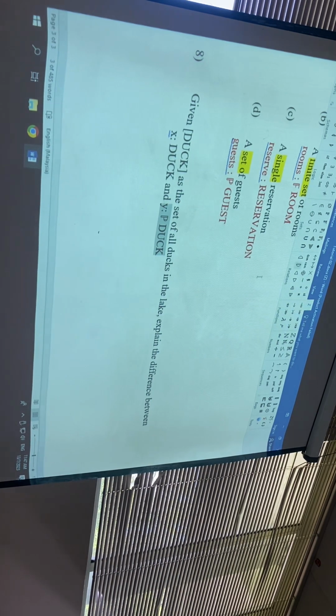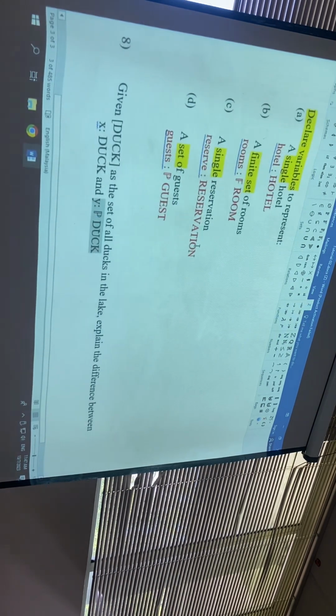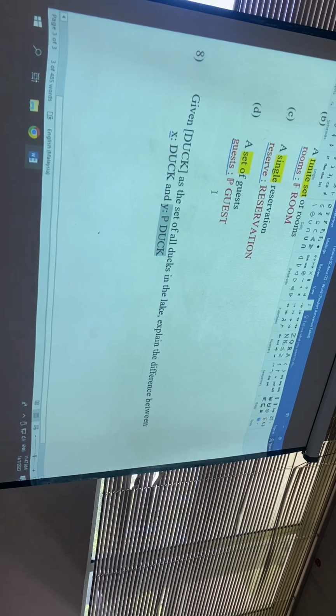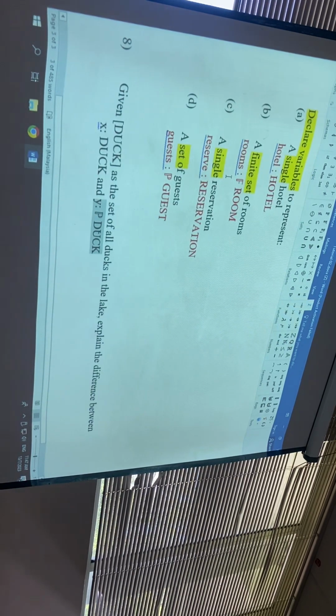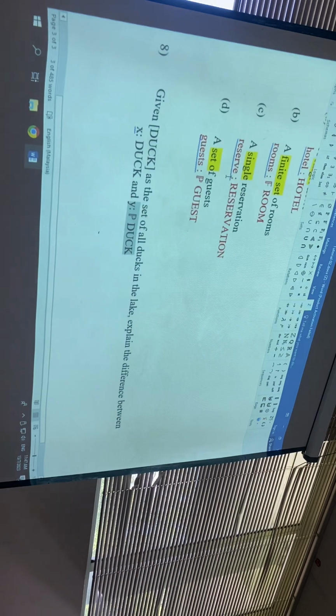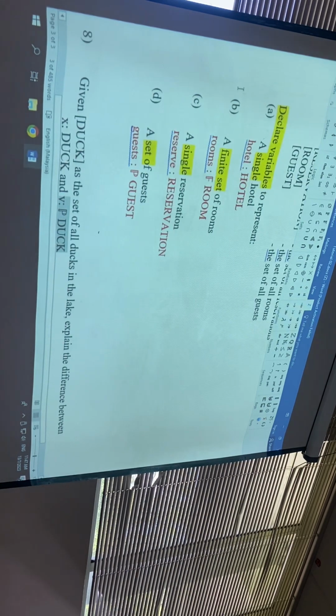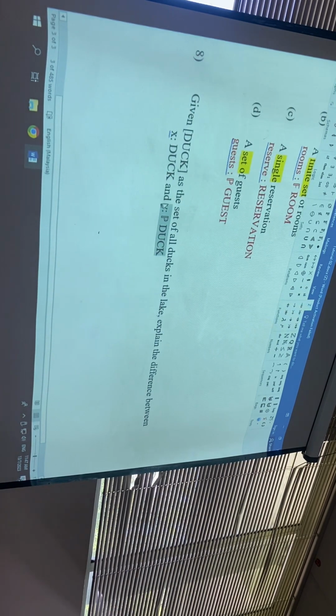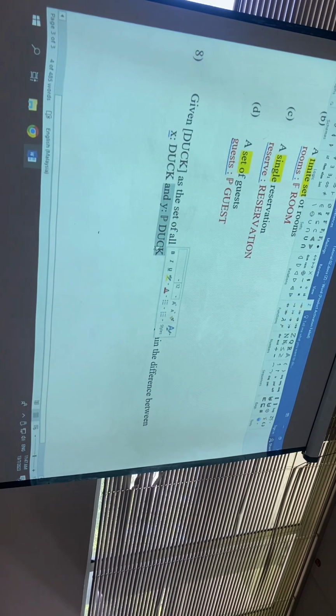One of the things in the lecture yesterday: when you have a power set like this, you don't really know how many data are inside your database.